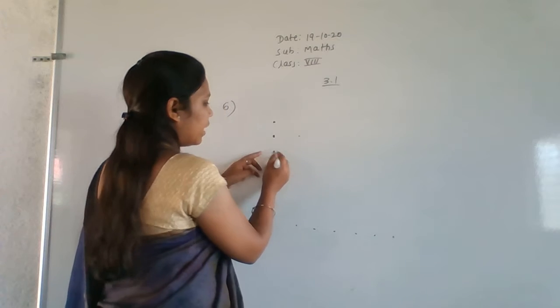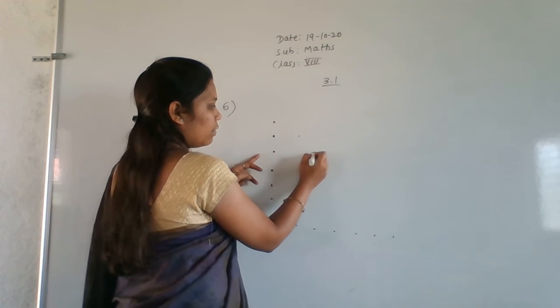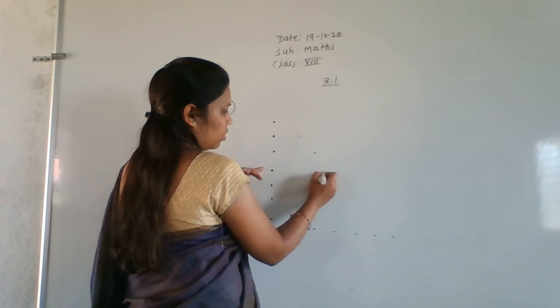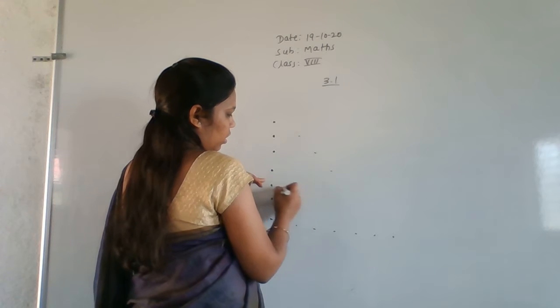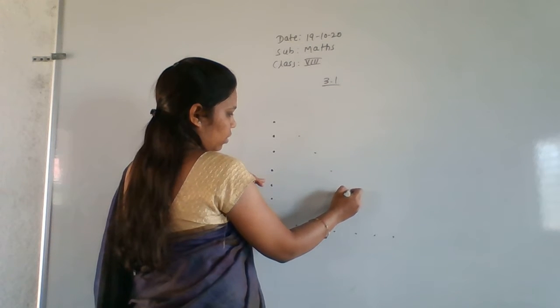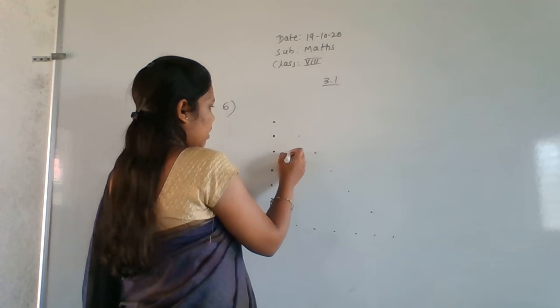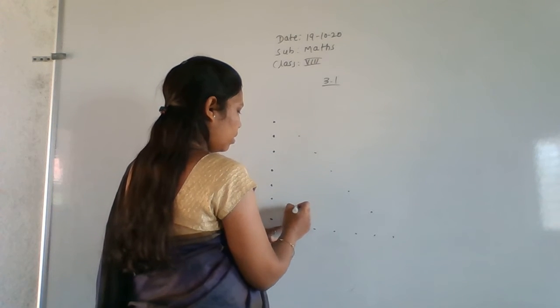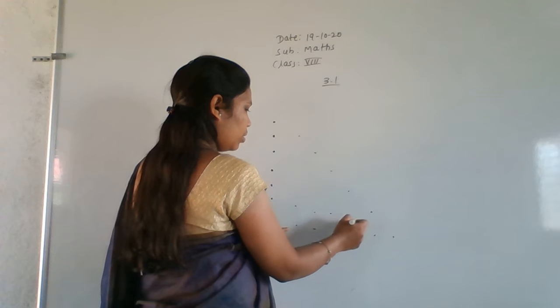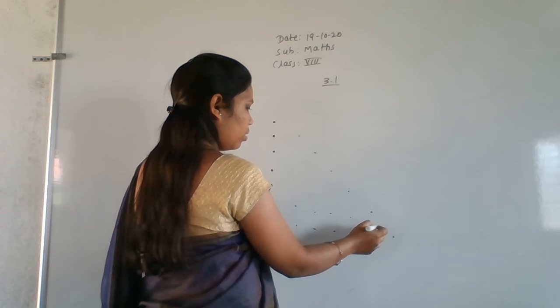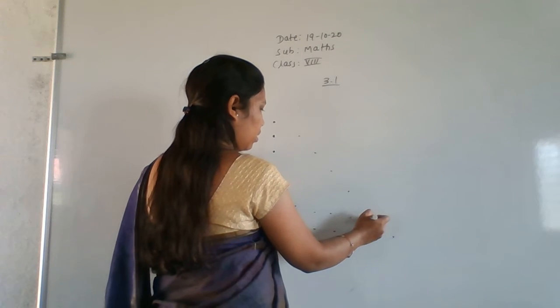Okay, so according to this line, in this line you have to form it like this. Here also 1 and here also 1 and here also 1. Okay, next here 1 2 3 4 and this may be here.